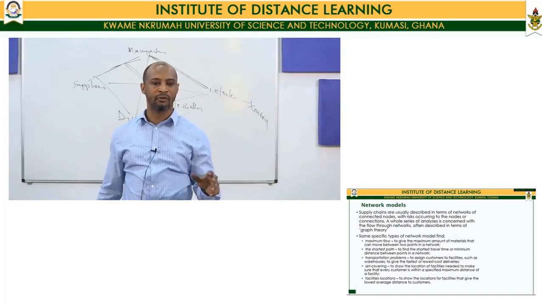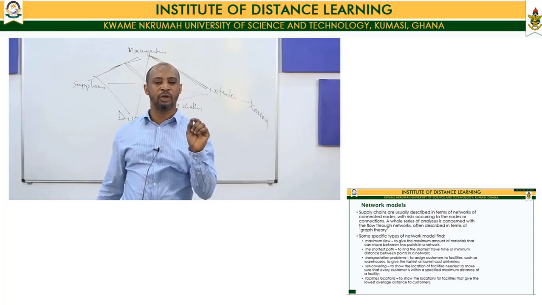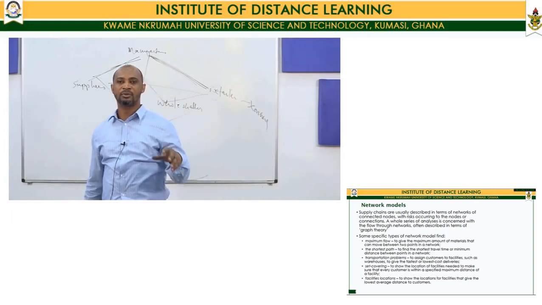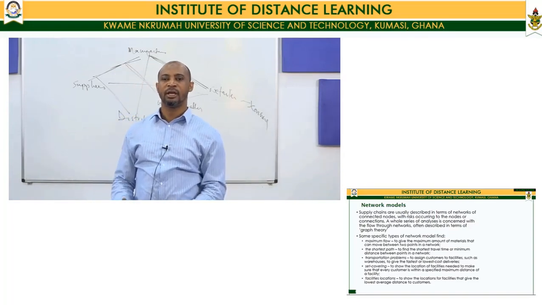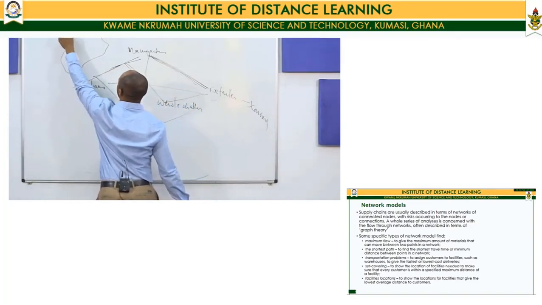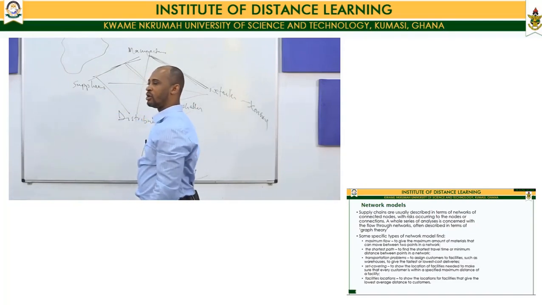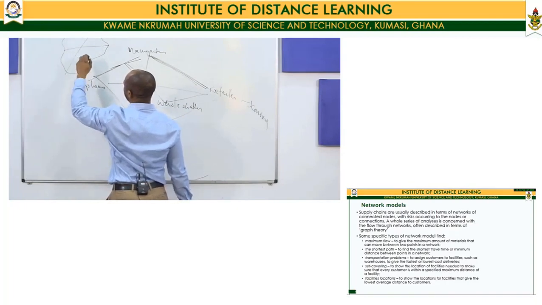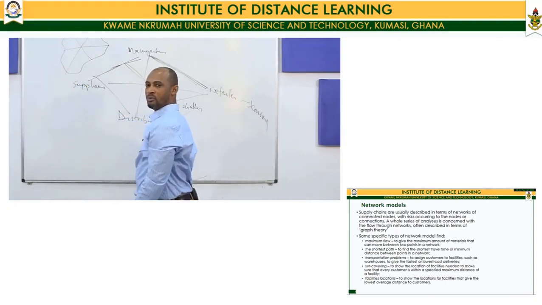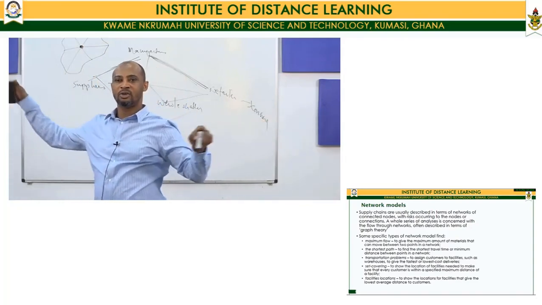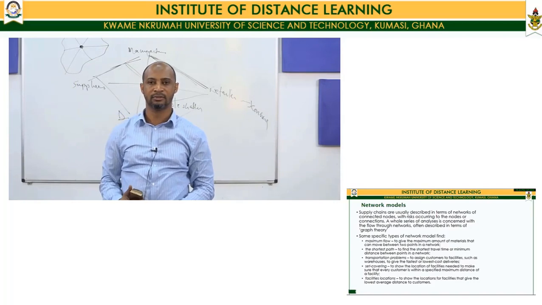Then you look at set covering. You want to show the location of facilities needed to make sure that every customer is within a specific maximum distance. This comes with the location theory. That is why sometimes when governments have to locate social amenities, you may think that the government is insensitive, but they try to calculate a place that is equidistant to the endpoints.